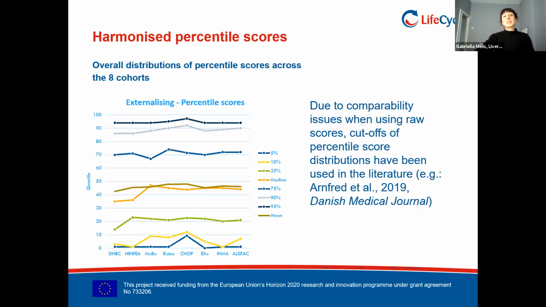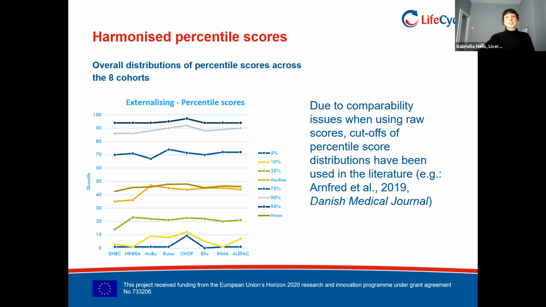We decided in the end, which is one of the first steps that we have taken towards finalizing our analysis, to standardize the scores across studies by following what the LifeCycle consortium harmonization manuals proposed, which was the use of percentile scores, calculated as age and cohort specific. The graph on the left presents the quantile distribution of the percentile scores across the cohorts.